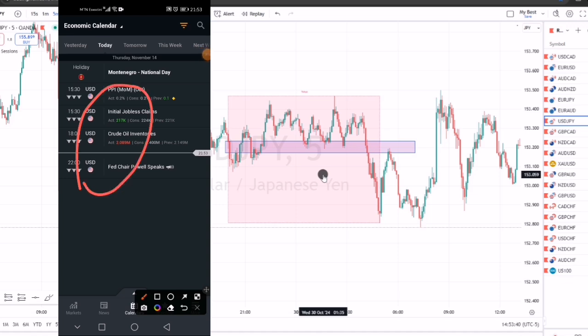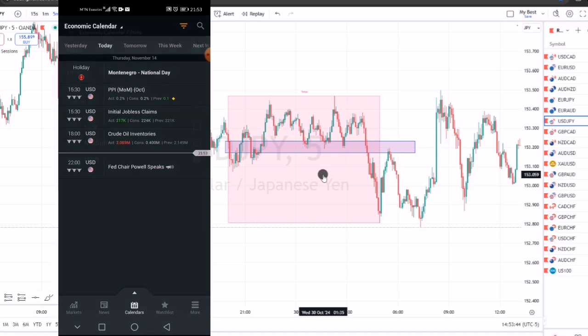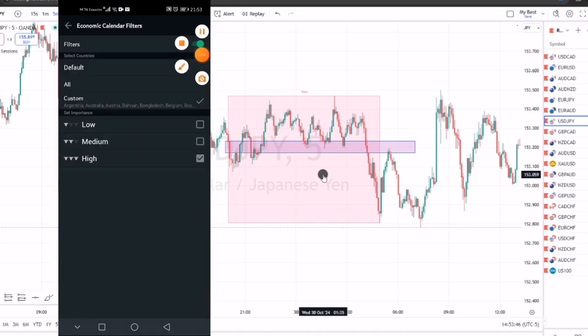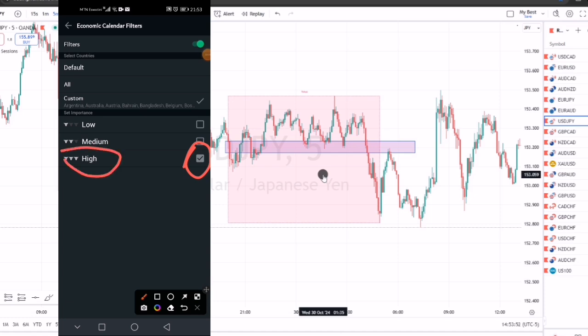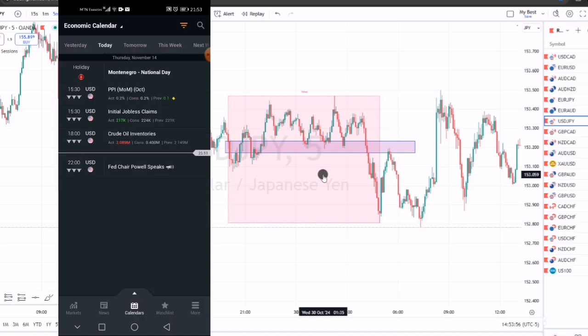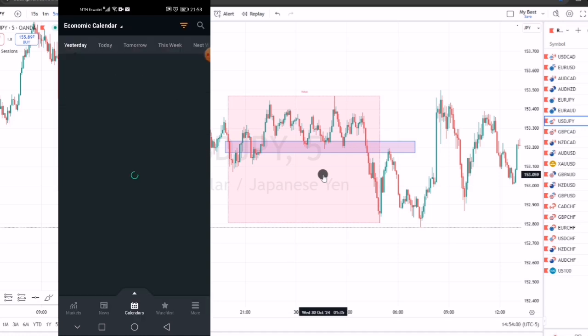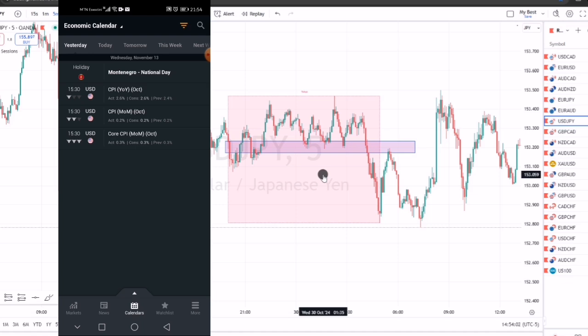If you are going to do this, make sure that your application is set only to show the major news events, so you only tick the high impact news. And then you can go back. So right here, it was a better day. Yesterday we did have major news events, which means it was a good trading day.